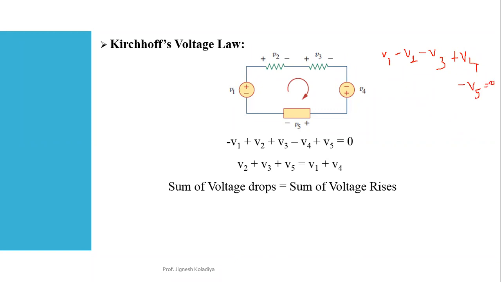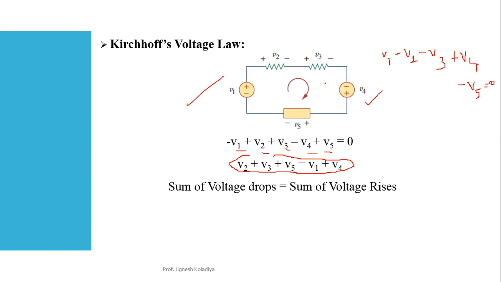So this is one way of writing the equation. Another way, you can just change the sign of all, like minus V1 plus V2 plus V3 minus V4 plus V5 equal to 0. At the end, you will get the same answer, that V2 plus V3 plus V5 is equal to V1 plus V4. V1 and V4, you can see both are voltage sources.